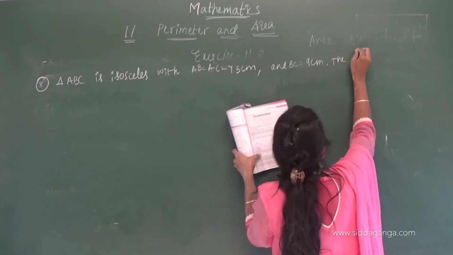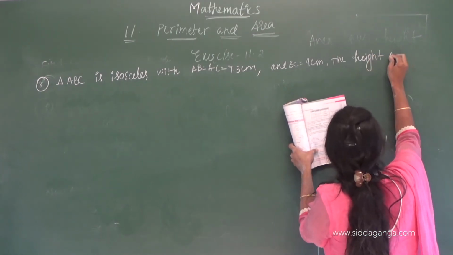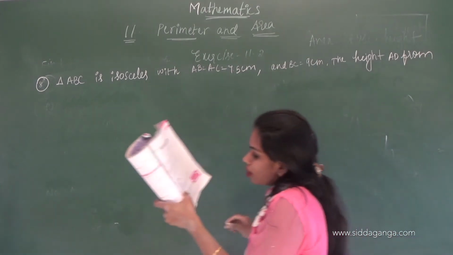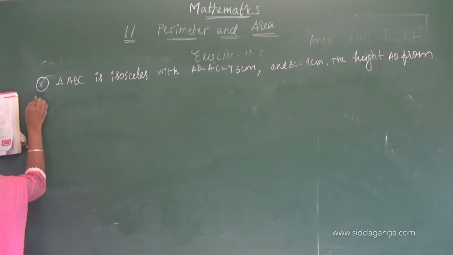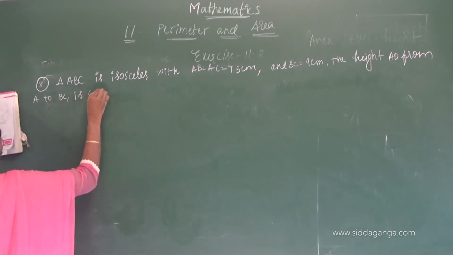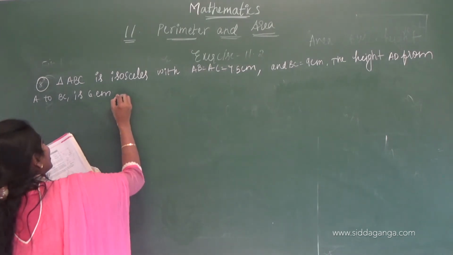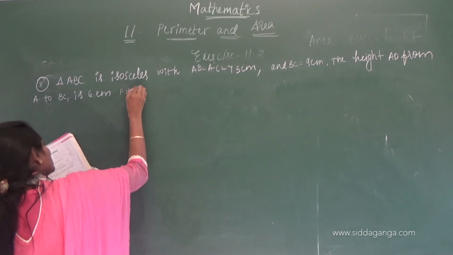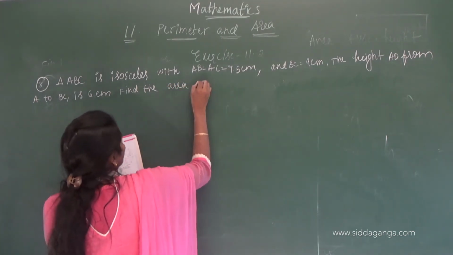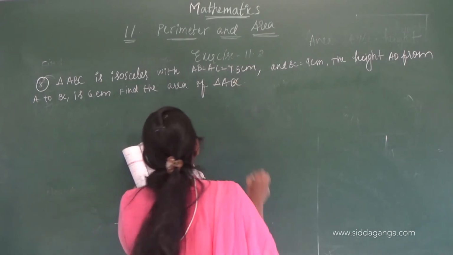The height AD from A to BC is 6 centimeters. Find the area of triangle ABC.